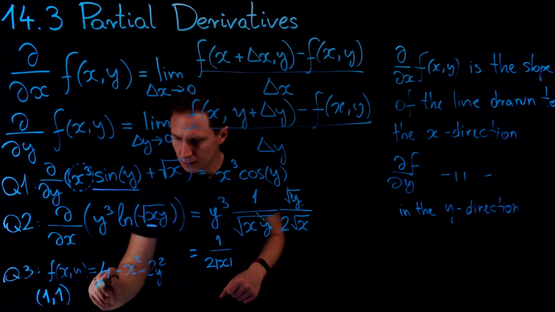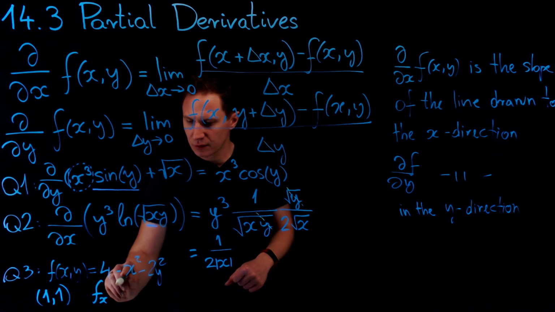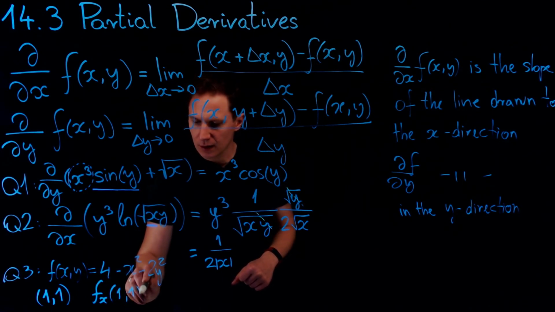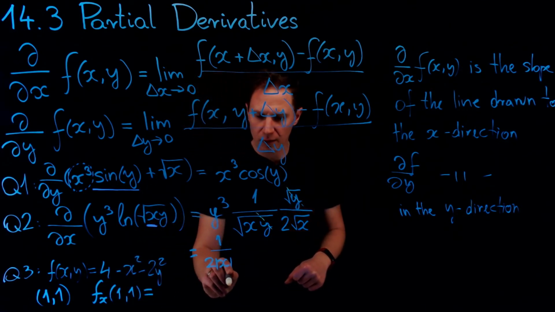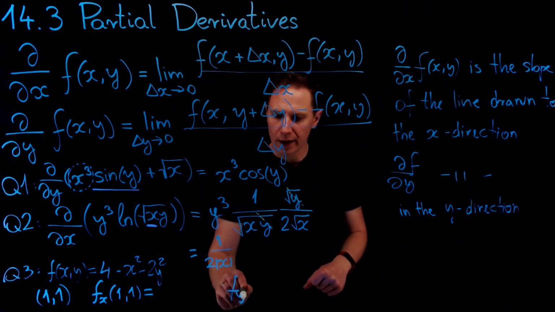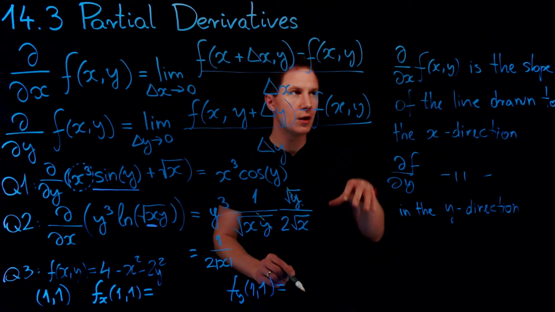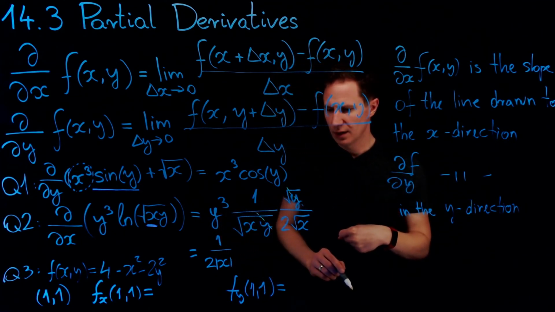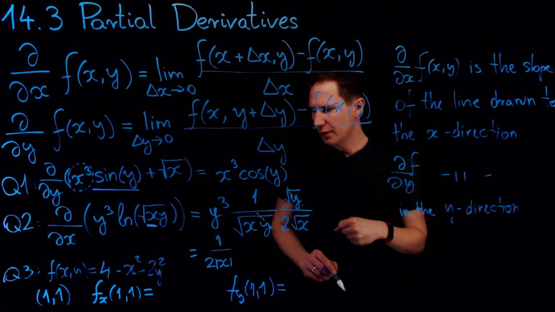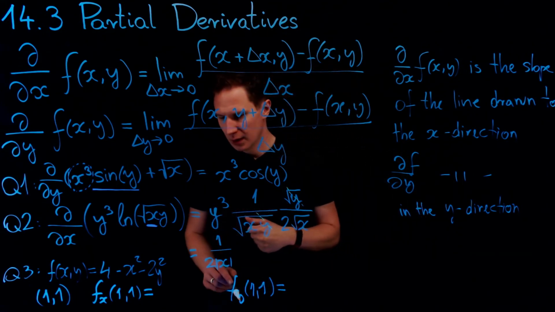So let me use this other notation: the partial derivative with respect to x at 1, 1 and the partial derivative with respect to y at 1, 1. Pause the video and compute these partial derivatives below.